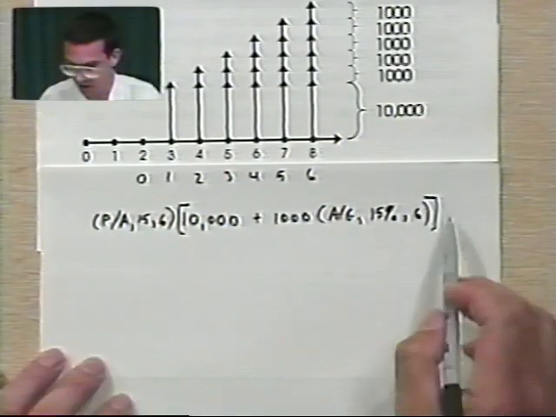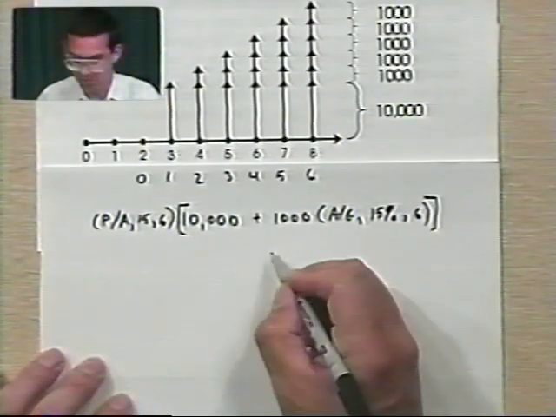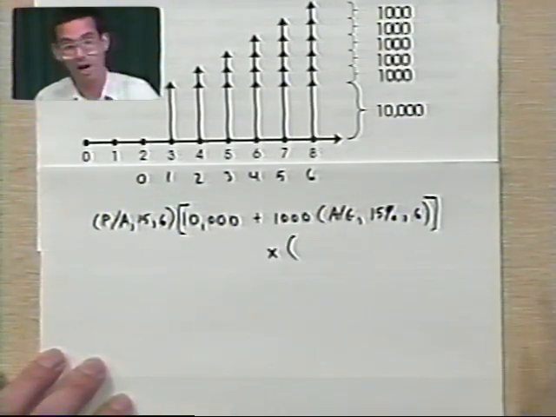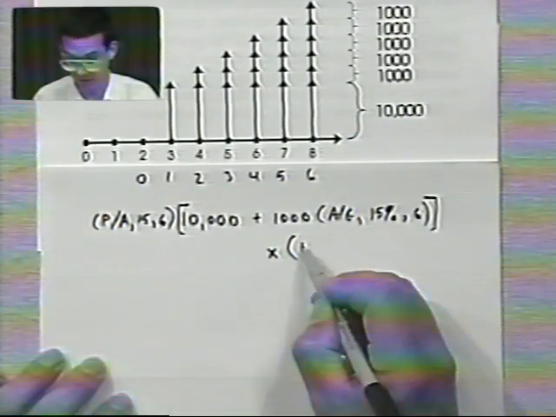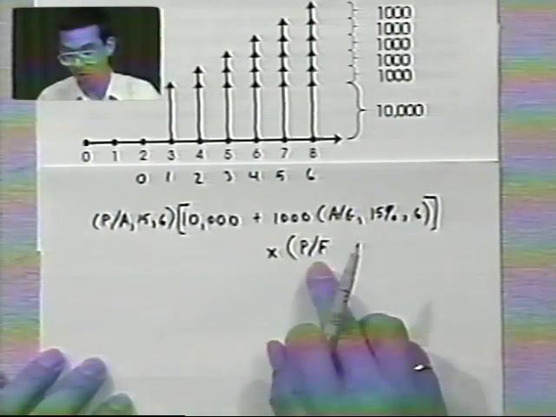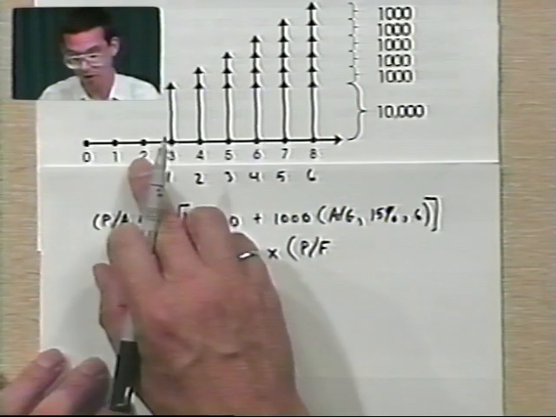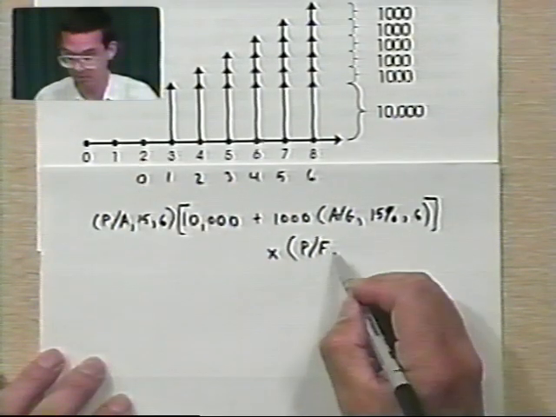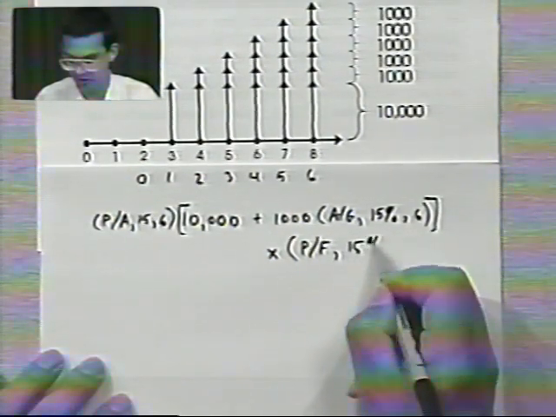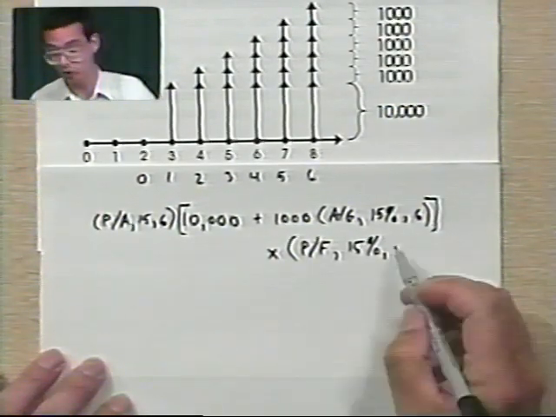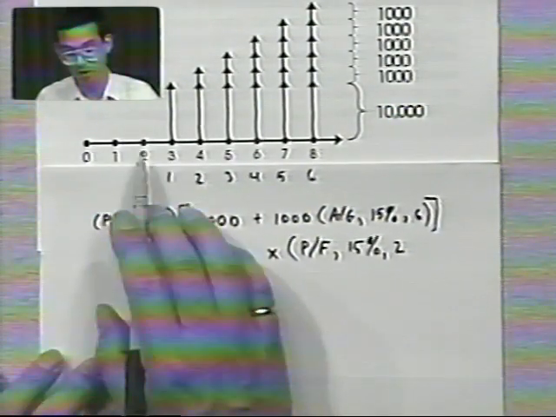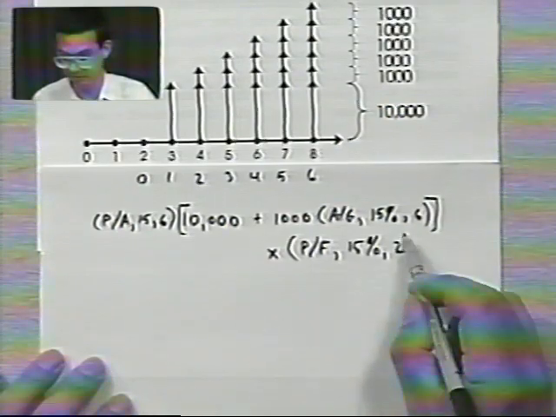So that value here, the result of that calculation, must be multiplied by the present worth factor, where that future worth was what we calculated as present worth before, at the 15% interest, in this case over 2 years, because that was 2 years in the future.